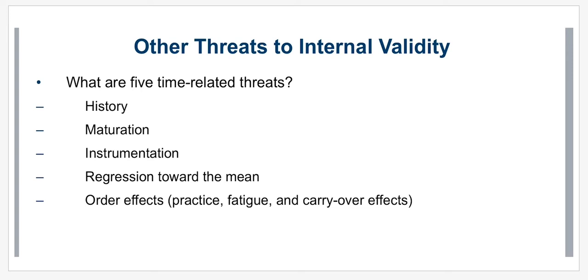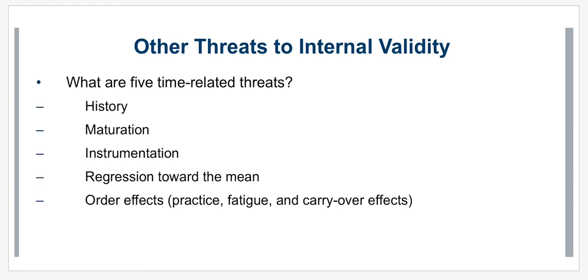Especially the example they give in the book is children. Children, especially young children, change very quickly. Even if a month goes by, they may grow and learn and change and learn new words, colors, whatever that they didn't know before. And so maturation can be a concern there.